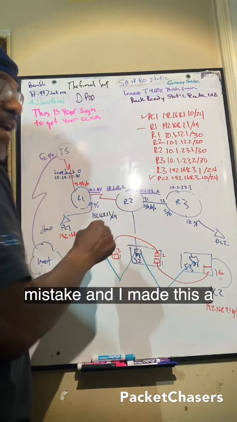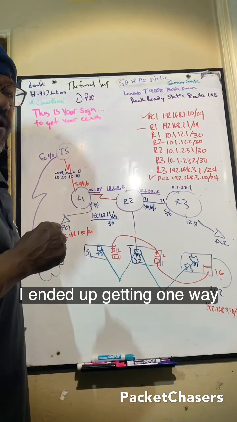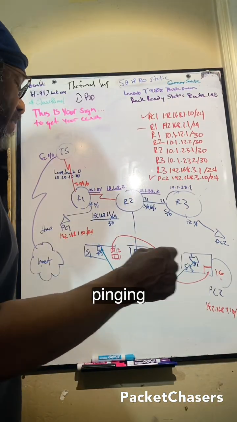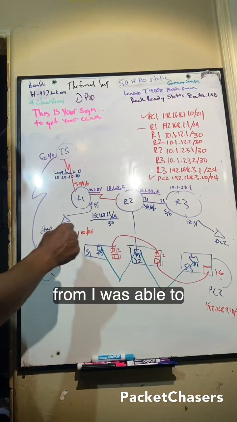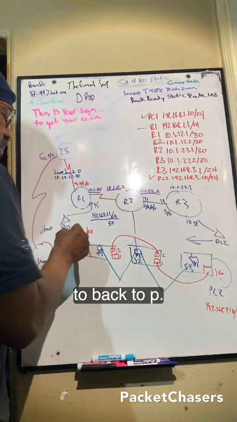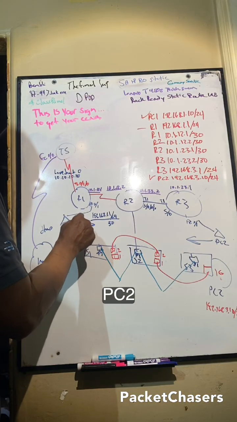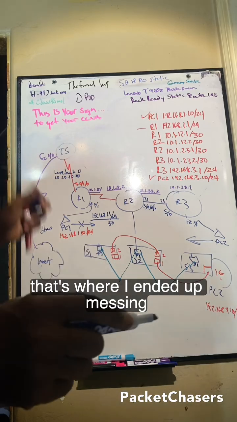I made a mistake and made this a /30. I ended up getting one-way pinging. I was able to ping from PC2 back to PC1, but from PC1 towards PC2, that's where I ended up messing up.